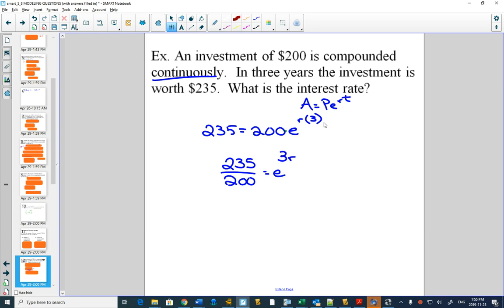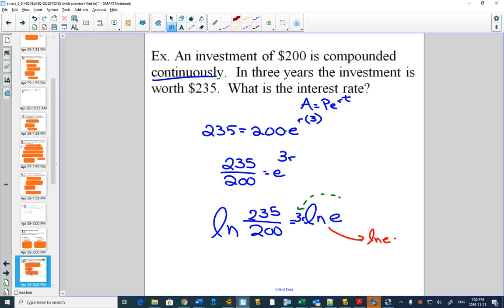And then, because it has an e as a base, you could take the regular log of both sides. That's perfectly fine. However, if you take the natural log of both sides, this 3R could come out in front. And then the natural log of e is equal to what?